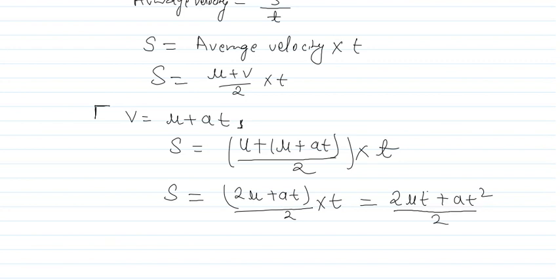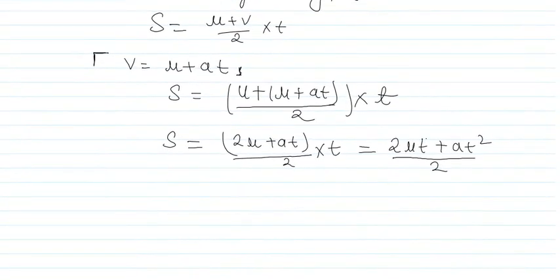Now this s will be here. Now we can take 2 common, so here it will be 2 ut plus half at square upon 2.